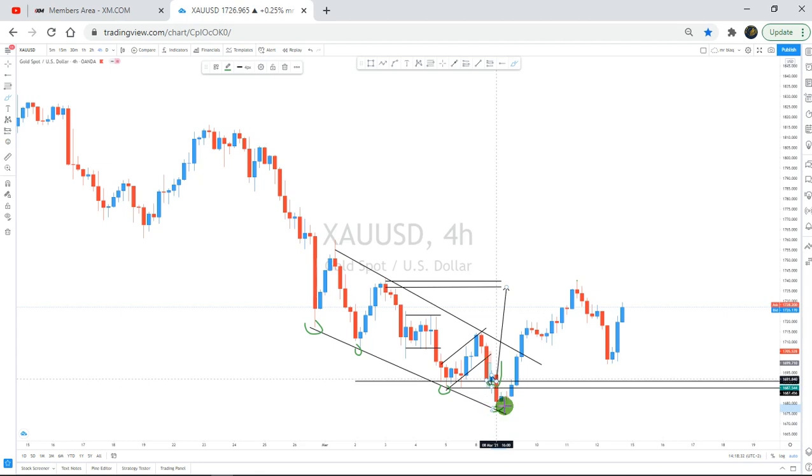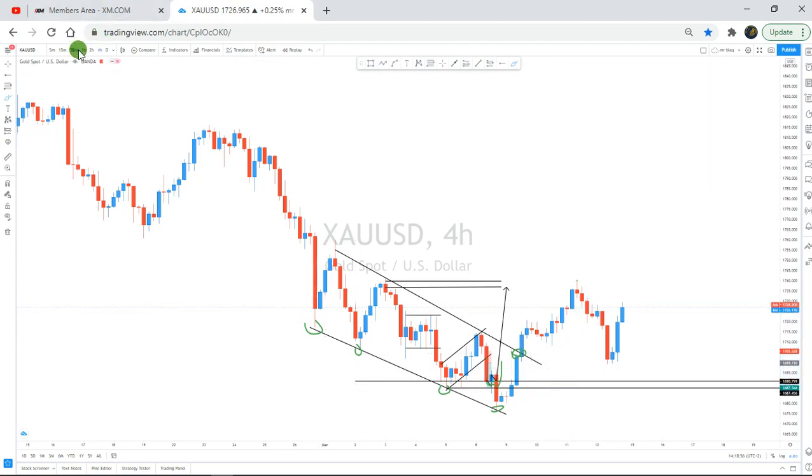This is what they went for, since they broke the support line that I drew here. So once they reach this point, this is where I looked for buy. Then I got my buy. Then I took the buy until this trend line here. So I said, okay, this might be my take profit point. Then I will see if they either break the trend line or they reject. They come to the support line and then they went up.